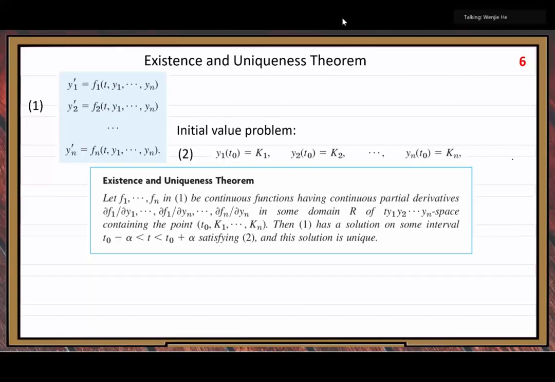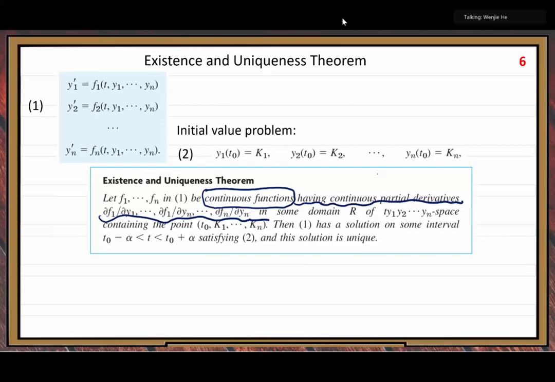So what's the condition? The main part of the condition is that these functions have continuous partial derivatives. There is also the part that these functions are continuous functions, but if these functions have continuous partial derivatives, it's much stronger than being continuous functions.